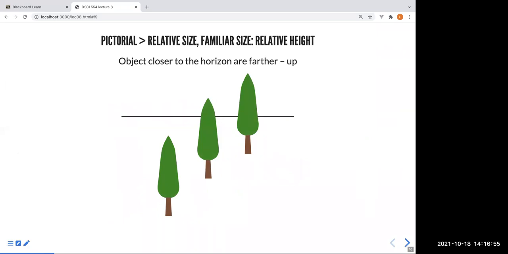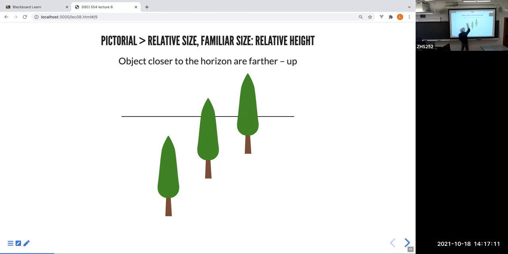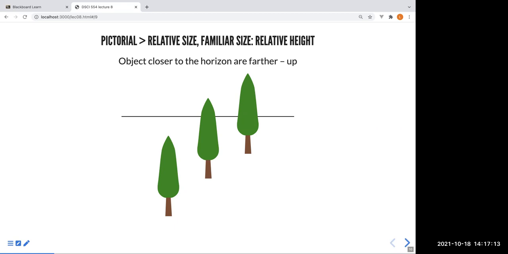So you can use this, for instance, in this simple example here, where these are all trees. You know that the trees that are farther away are going to be closer to the line materialized by the horizon than those that are close to you. So the more they get to the line, the less vertical displacement you're going to see, right?